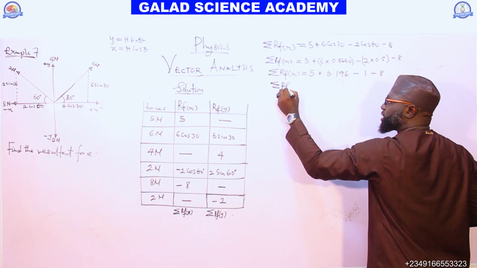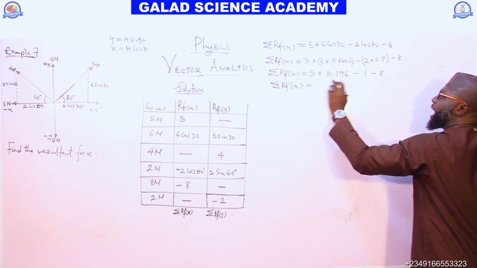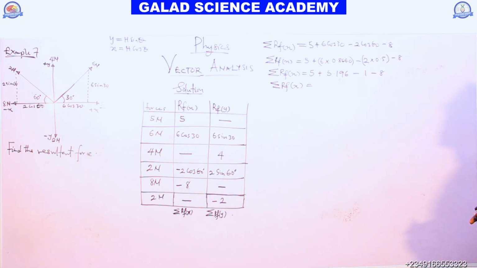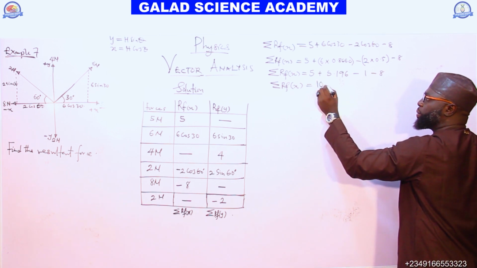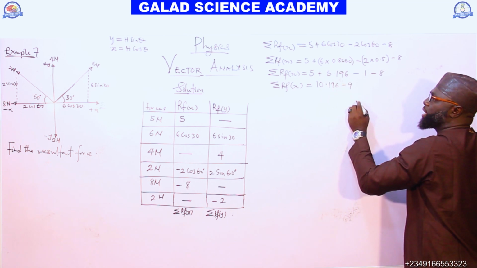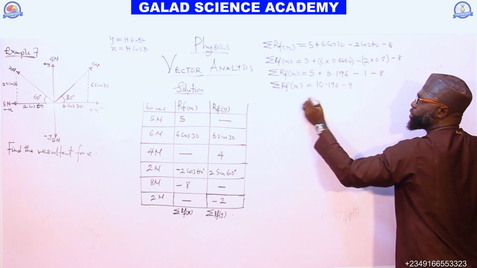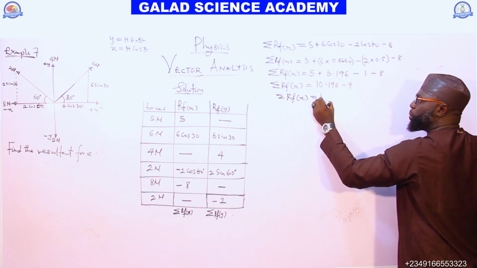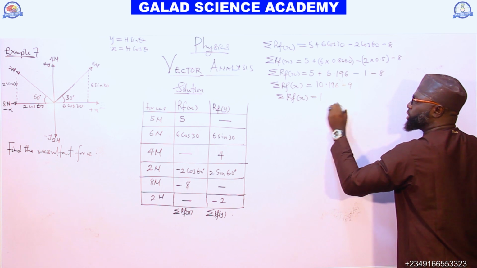Sum of resultant force x plus this, if you add this together, it will give us 10.196. We have 10.196 minus 9. The final answer for this, the sum of resultant force for x will be 1.196 Newton.